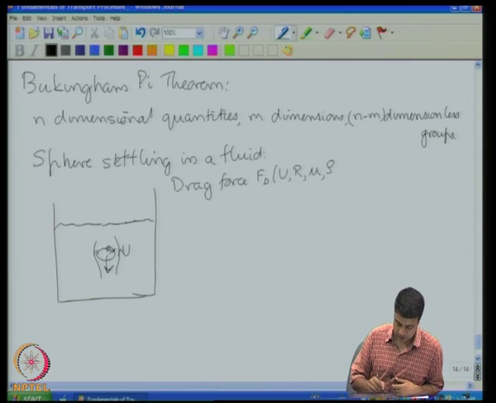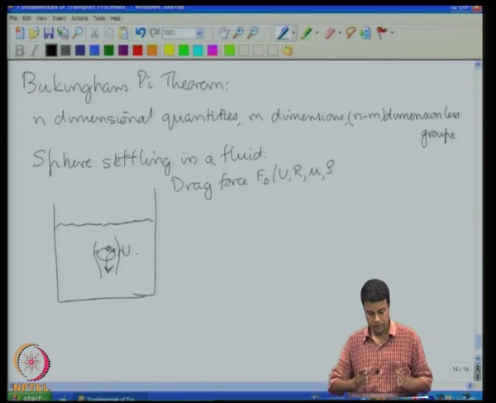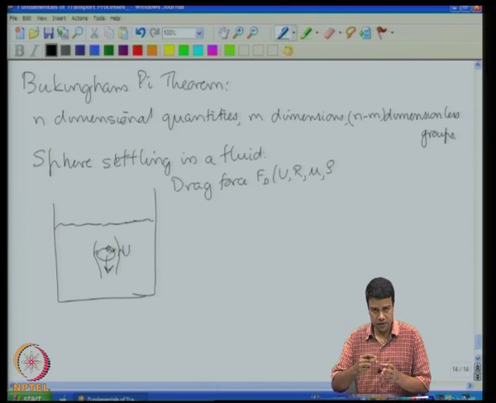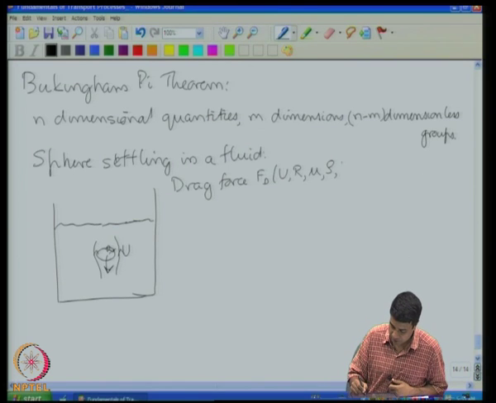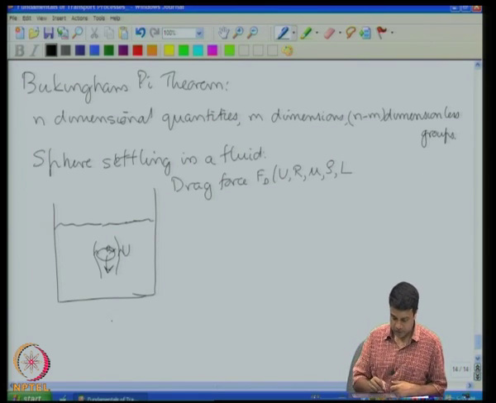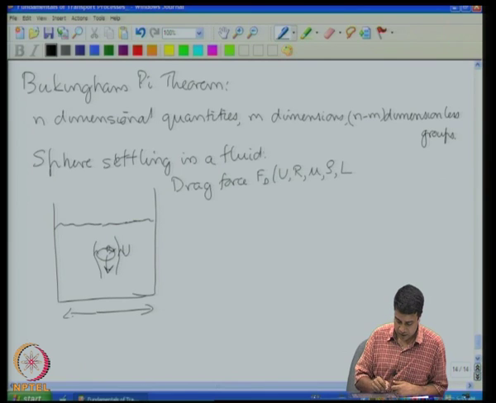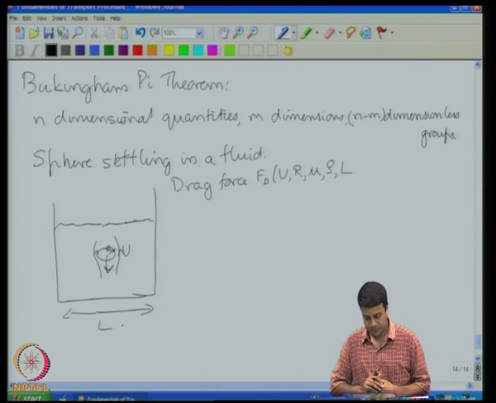For example, it could also depend upon the dimensions of the tank. If the tank is very small, so that the sphere just about fits into the tank, it is going to experience a large force, whereas if the tank is large, it's going to experience a small force. So it's also going to depend upon some dimensionless length, which gives you a measure of the size of the tank.